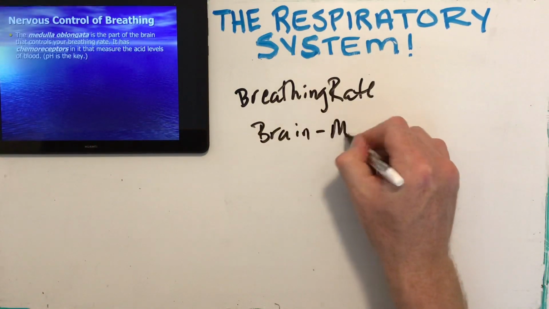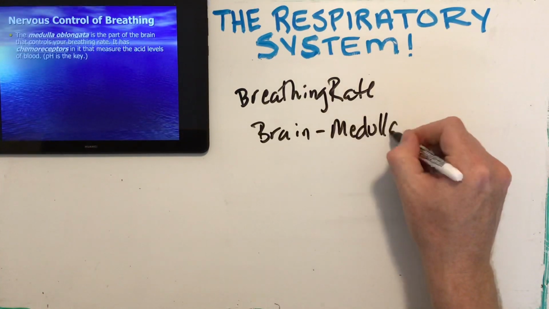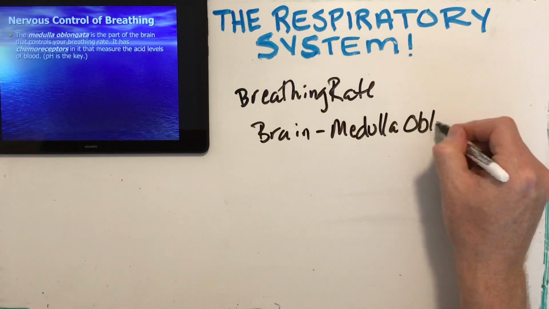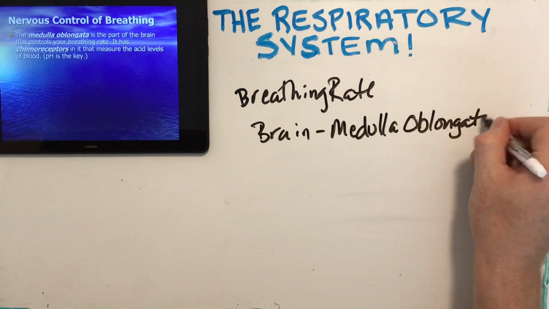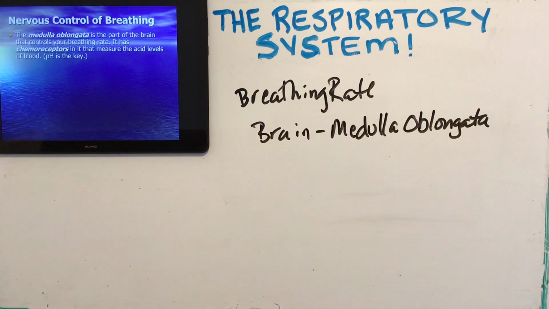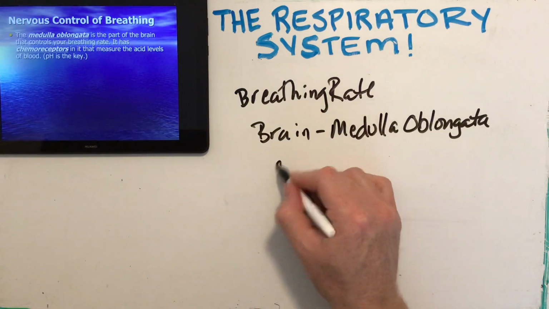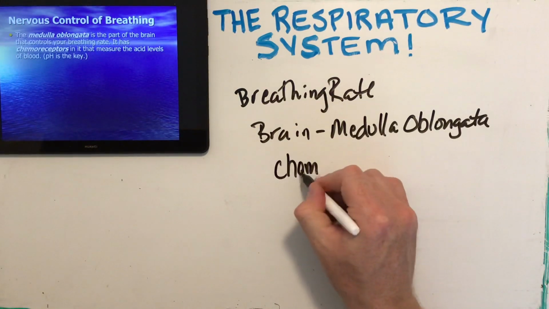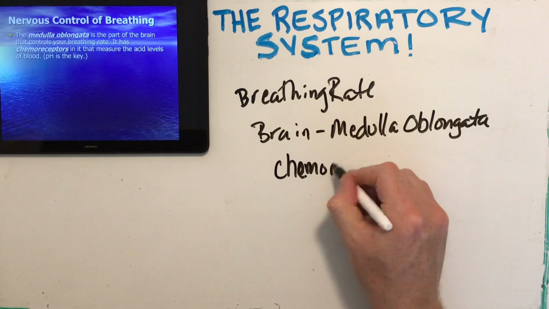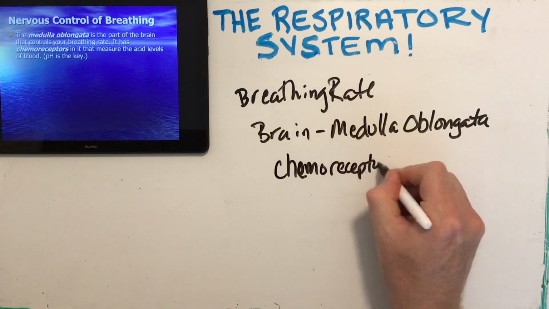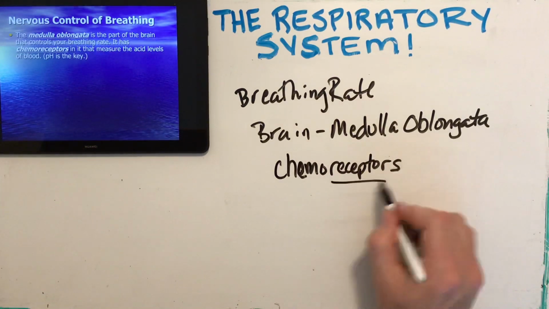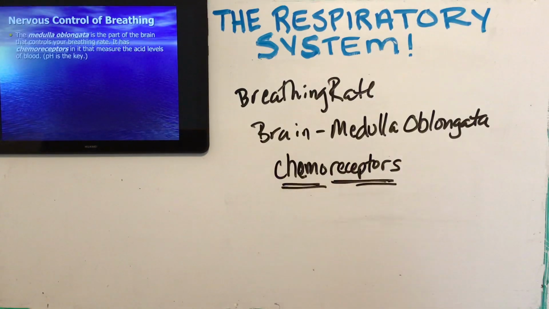But it's a specific part called the medulla oblongata. And what it has are chemoreceptors. They receive chemical signals, and what they monitor is an acid.